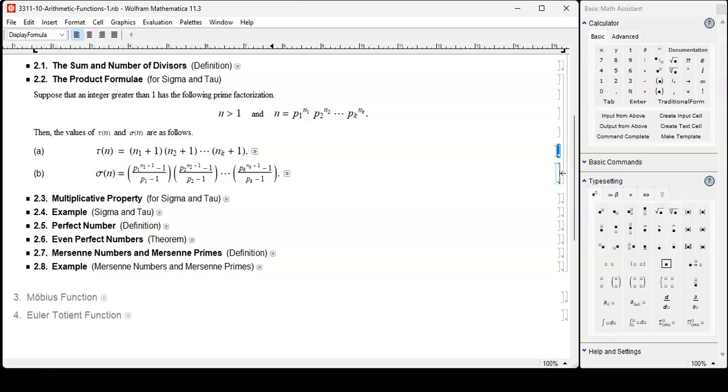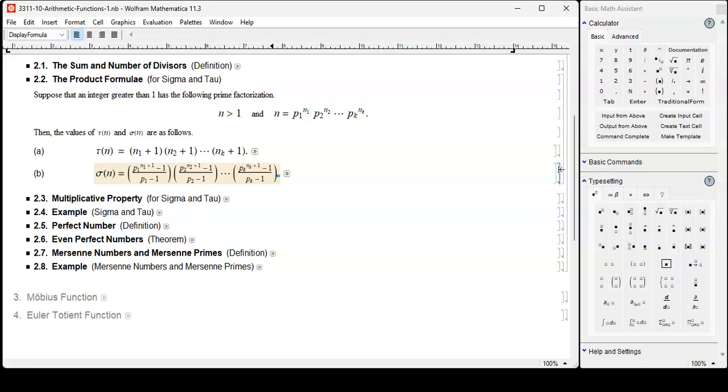Okay, let's go to 2.2b, and this time we have a product of, do you recognize these? These are geometric series formulae. Remember those? So those are products of the sums of geometric series.